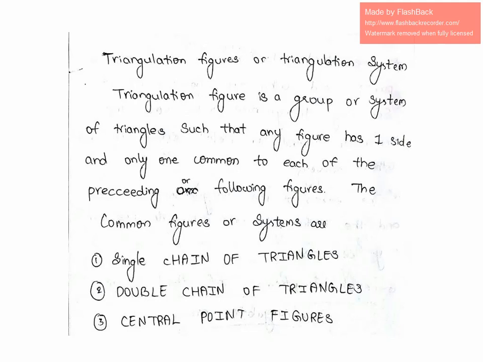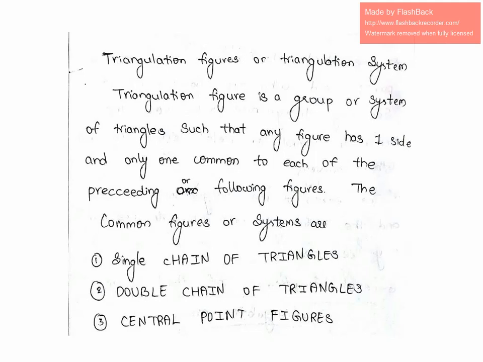Don't get confused. The classification of those triangulation systems is first order or primary triangulation, second order or secondary triangulation, and third order or tertiary triangulation system. These are the three classifications of triangulation system.